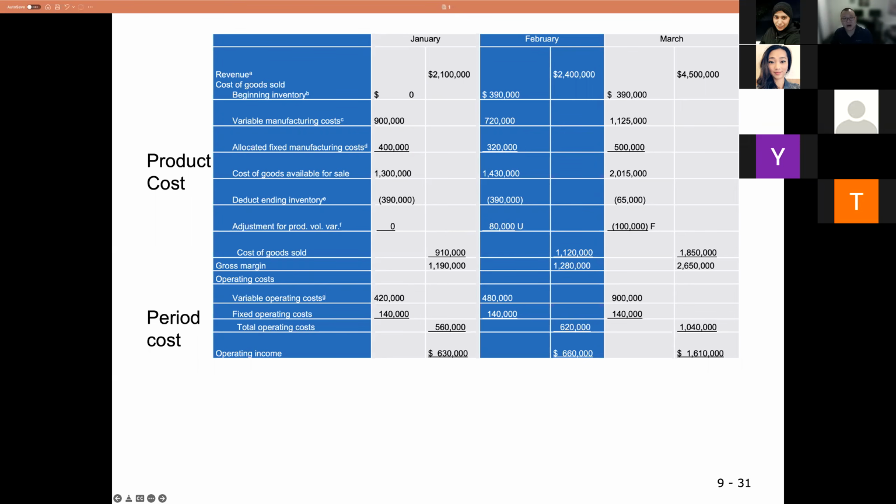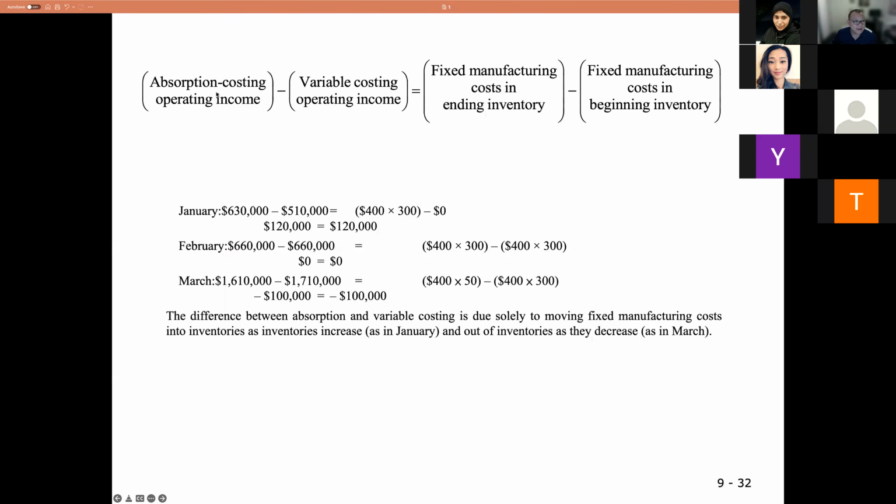Okay, so now I just use another 5 minutes, then we are done, okay? Sorry for taking this long. So let's compare the numbers, okay? Again, if you use the operating income, the absorption minus variable, that should be the fixed manufacturing cost in ending inventory minus fixed cost in the beginning inventory.